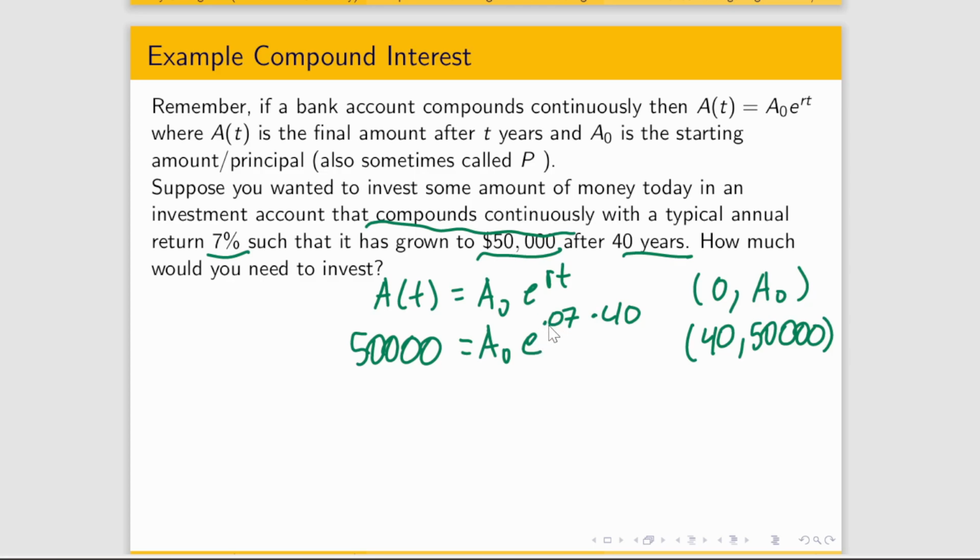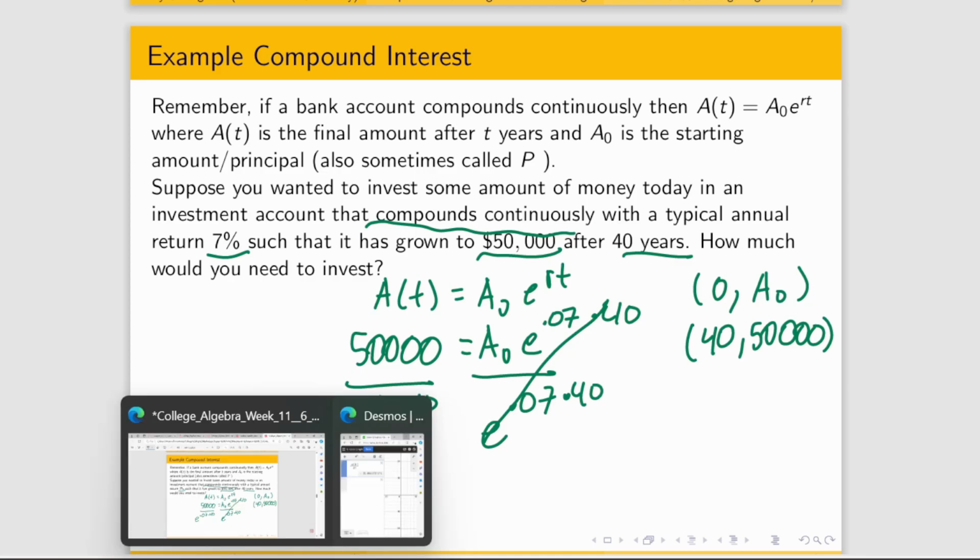Well, here, e to the 0.07 times 40 is actually just a number. So we have a naught times a messy number. How do we get rid of timesing by a messy number? We divide by that messy number. That cancels out to make 1, and now this is something I can plug very carefully into a calculator.